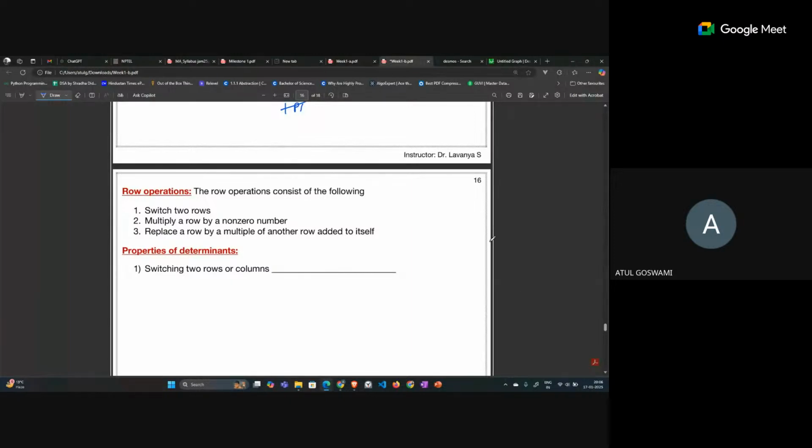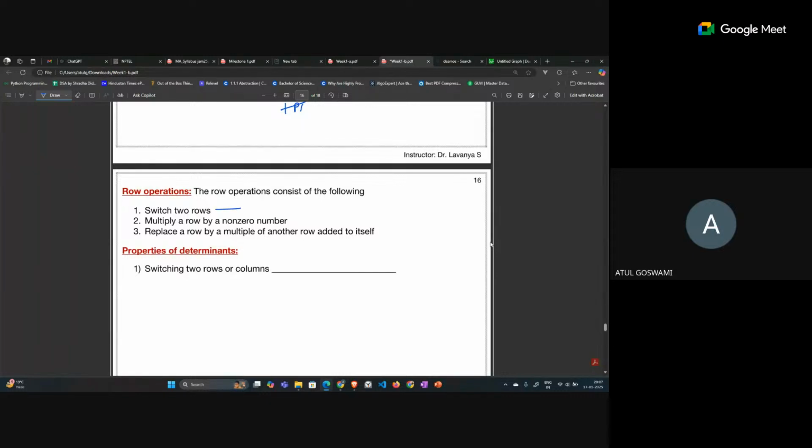The most important property is the determinant of AB equals the determinant of A times the determinant of B. Now there are other very important properties, like row operations. What row operations can we apply in finding the determinant?